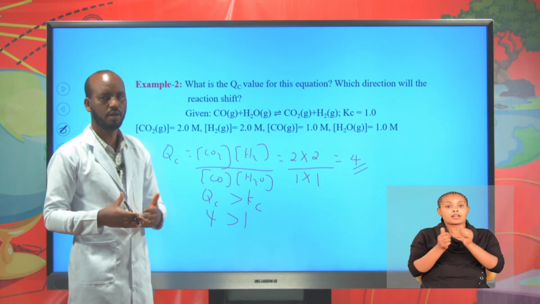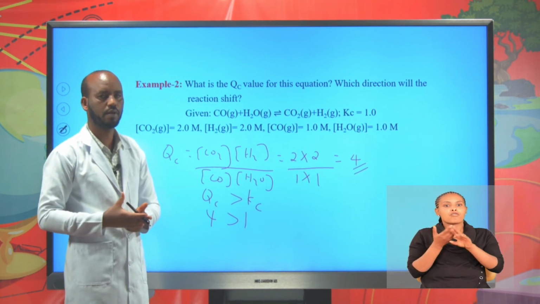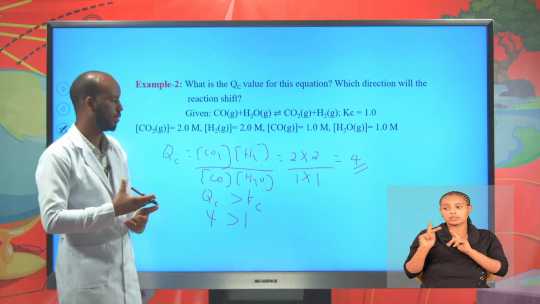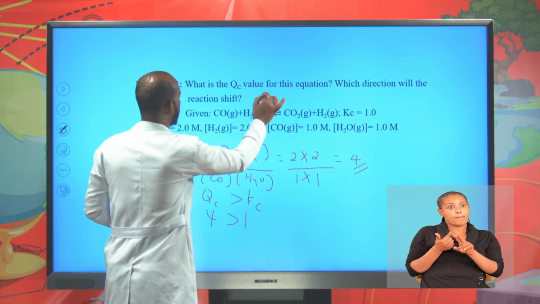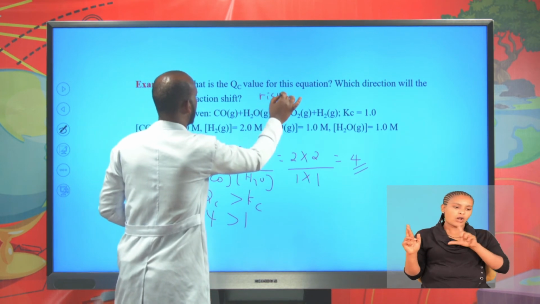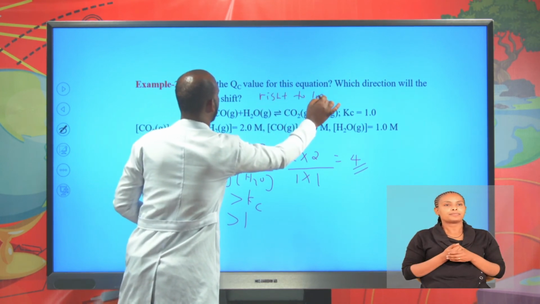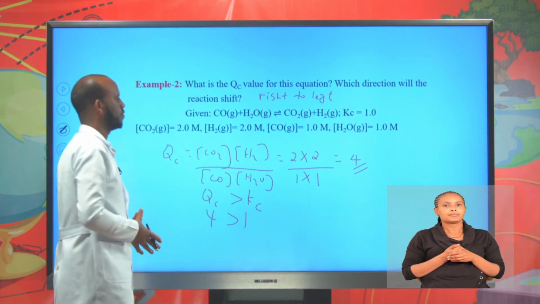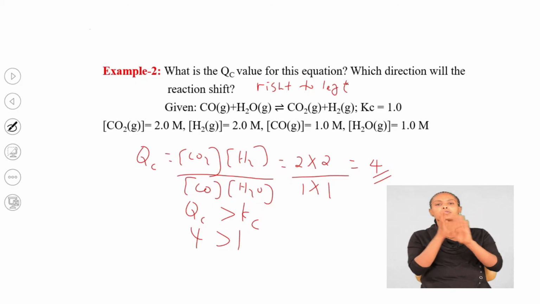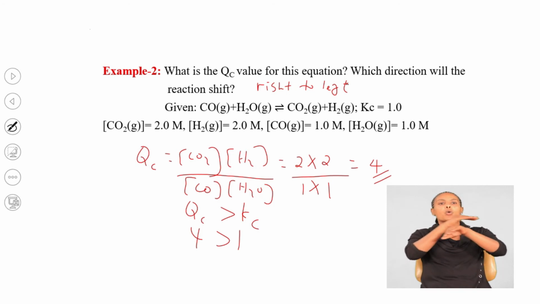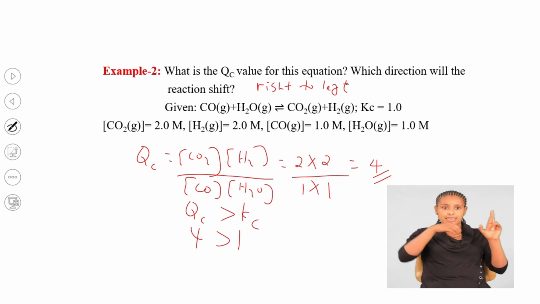The reaction moves from products into the reactants, or from right to left. Therefore, concentration of the products decreases before equilibrium is attained, and concentration of reactants increases.